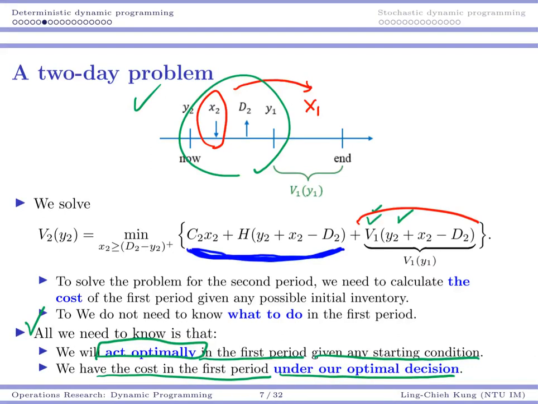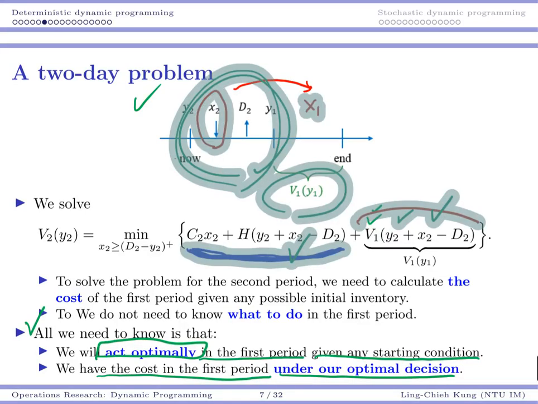So if we have solved the problem for period 1 and obtained that value function V1, then evaluating our optimal decision for period 2 is simple, because we just need the trade-off between today and tomorrow. So that's the idea. When we have 2 days, we have whatever we have for the first day and whatever we have for today.